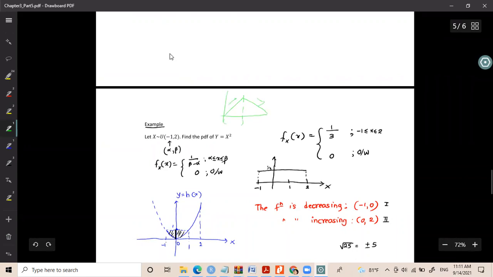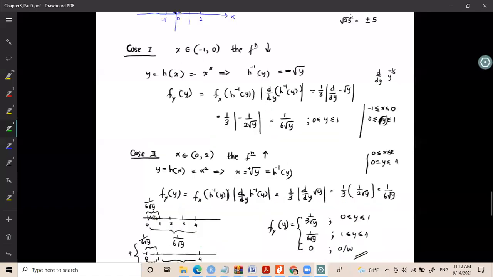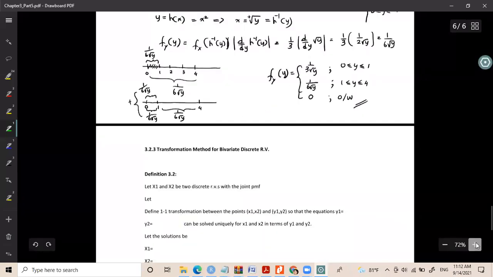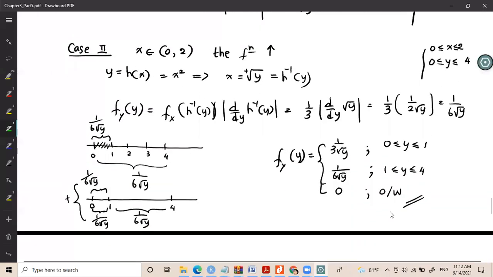So you find the intervals separately and find the answer. And in this case, you have the overlap, so you have to add them together, A to B and B to C, the two probabilities, and whatever the interval for y, that will be your answer. You have to consider the two behaviors separately and then combine them like this. Any questions so far before we move on to the next section?